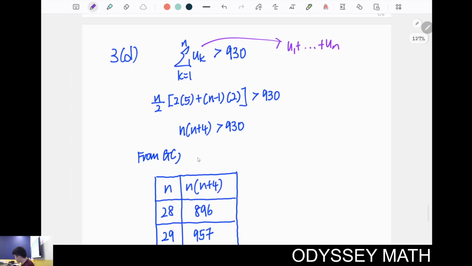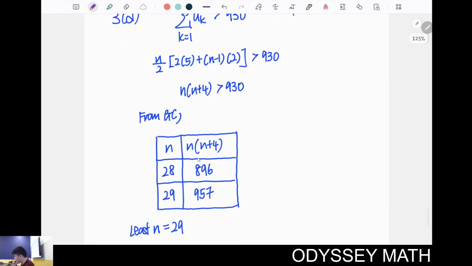Then from GC, what you do is go to the function mode, press y equals, then enter y equals x times x plus 4 for n times n plus 4, and then press second graph to get this table, and scroll down.